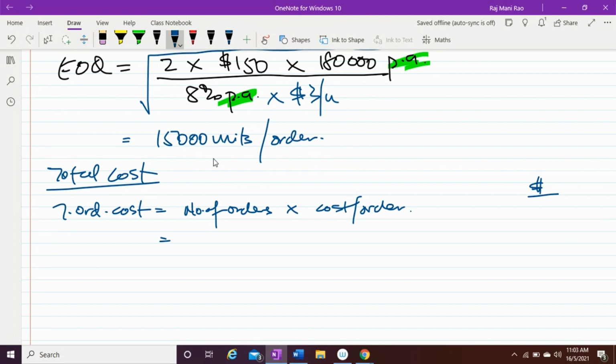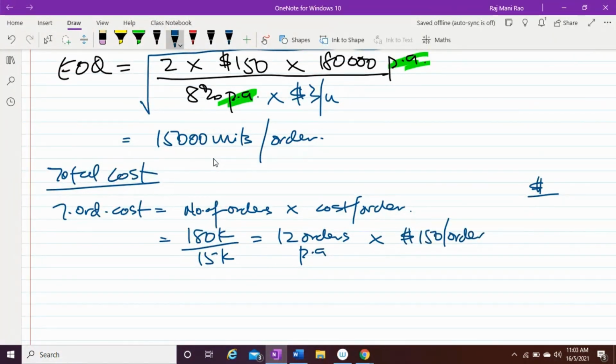Why 12 orders? So 180,000 divided by 15,000. So that is 12 orders per annum times $150 per order. So how much is that? 1,800 per annum.